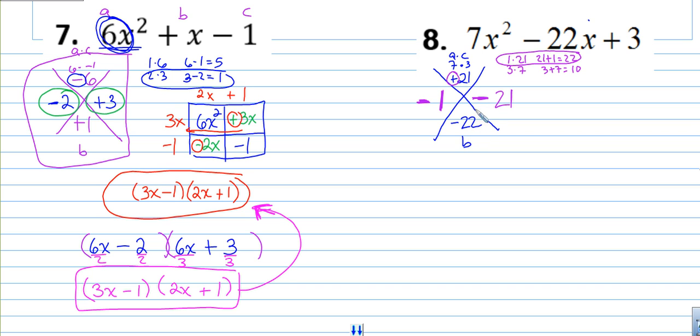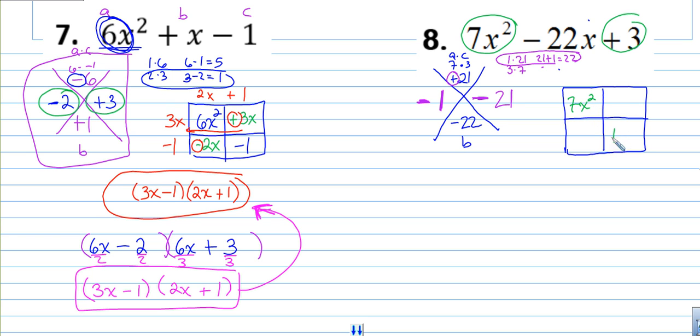So if you like the box method, stay with me. If you don't, just skip ahead until you see me doing stuff below the box. So we're going to go inside the box. Okay. Erase that. We take the A term and the C term, and they go in the first and the last.